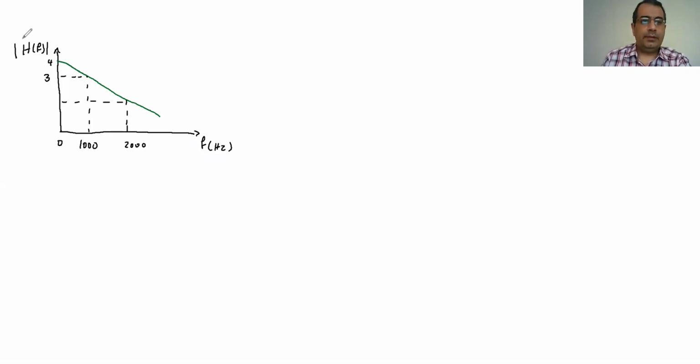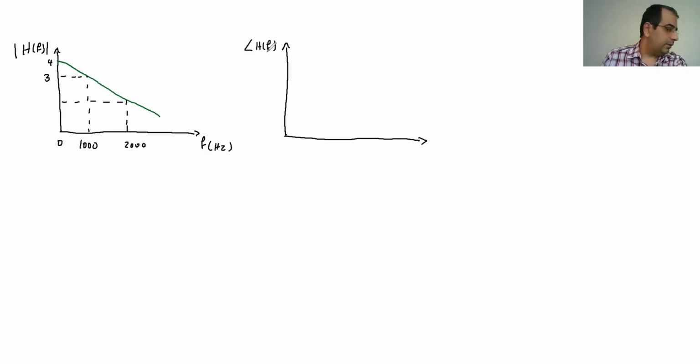So this is the magnitude of the transfer function, and then we have the angle, or the phase, of that transfer function here. It's going to be something like that.